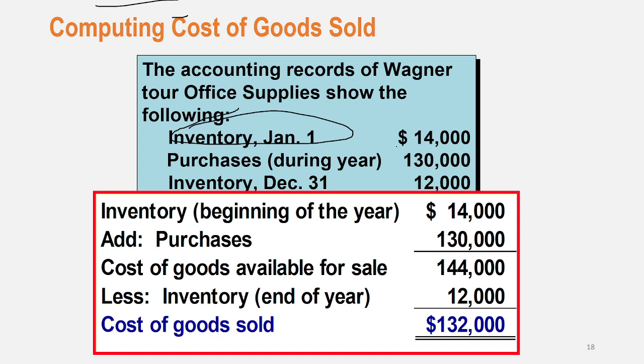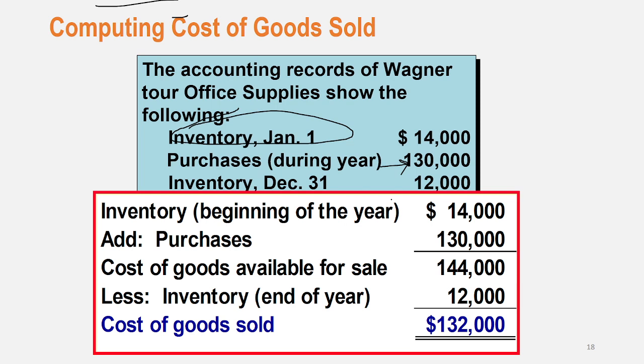Purchases during the year is the next element, and this is the total amount spent on purchasing new inventory throughout the year, and in this example it is equal to $130,000. And finally, we have ending inventory on December 31st, and this is the inventory we have left at the end of the year, and in this example it is equal to $12,000.